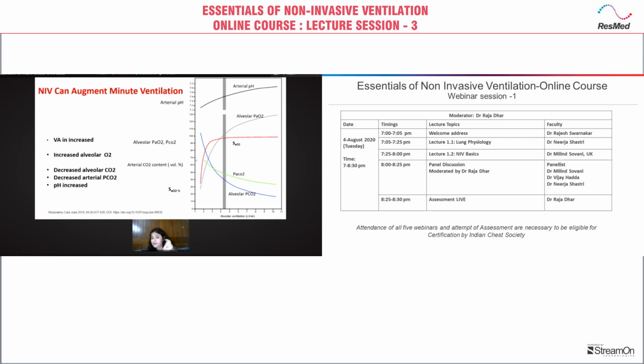Decreased arterial carbon dioxide will also cause decreased alveolar carbon dioxide. Because the carbon dioxide is decreased, the pH will also be increased. And as the minute ventilation increases, the saturation of oxygen also increases.